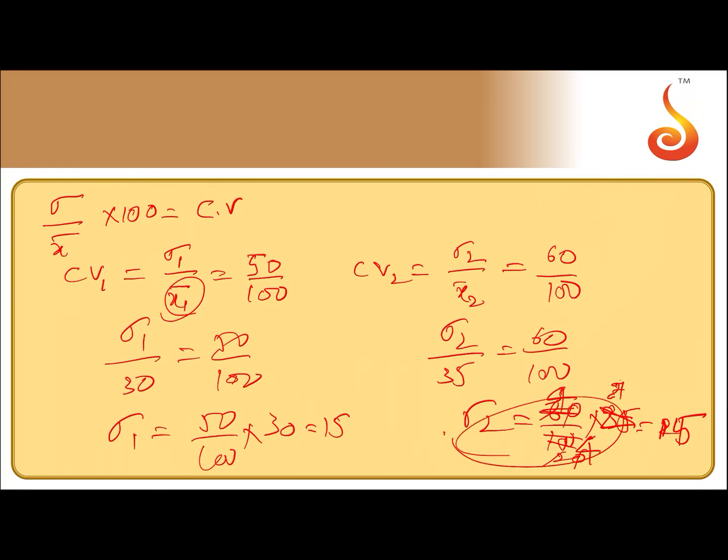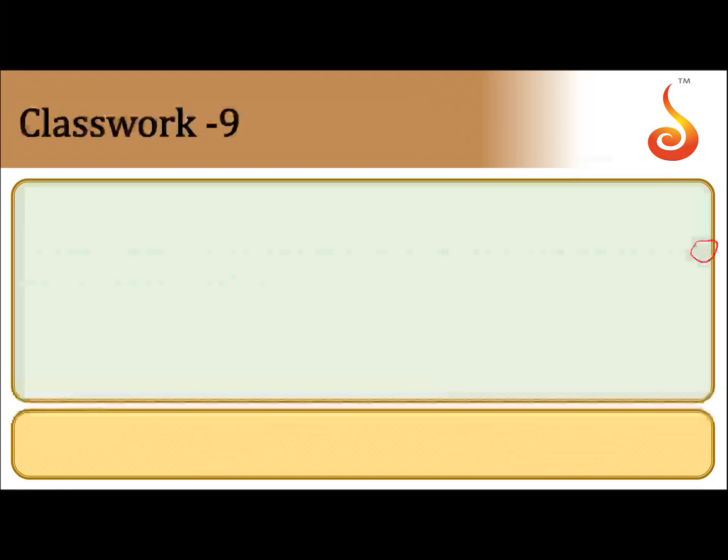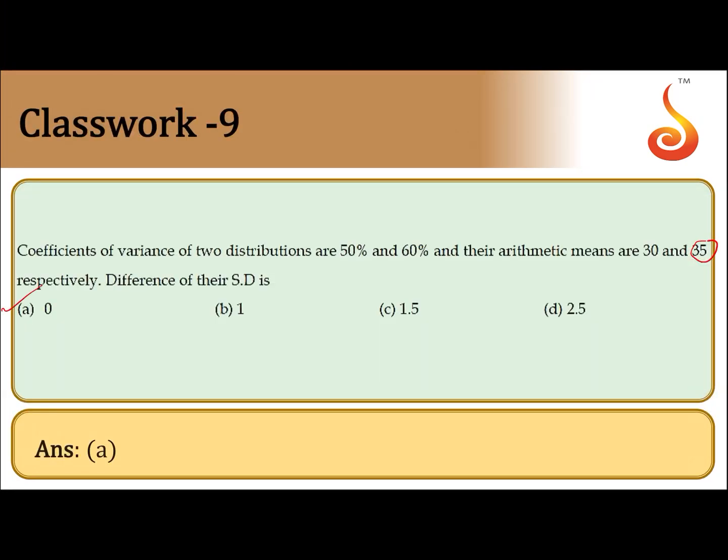So this is nothing but sigma 2 can be calculated as 60 divided by 100 multiplied by 25, 4 times and 15 times. The answer is equals to 15. And 15 minus 15 is equals to 0. So the answer is equals to 0. So definitely the answer is, this number is 25 but not 35.